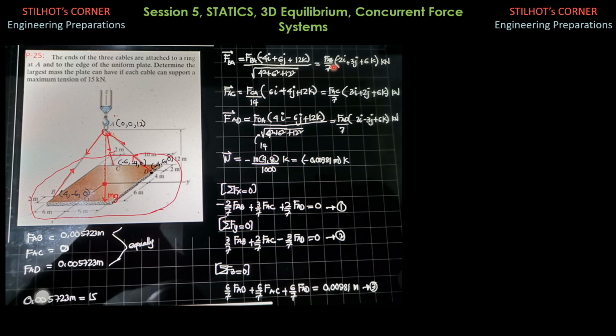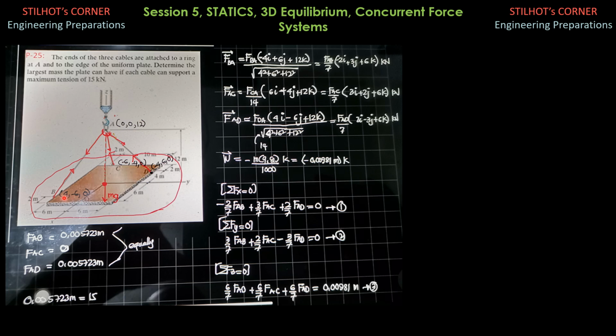So we have FBA times quantity negative 2i plus 3j plus 6k kilonewtons. Then FCA, not AC, so FCA, so it is equal to quantity C to A. So another technique is to represent the point with coordinates.